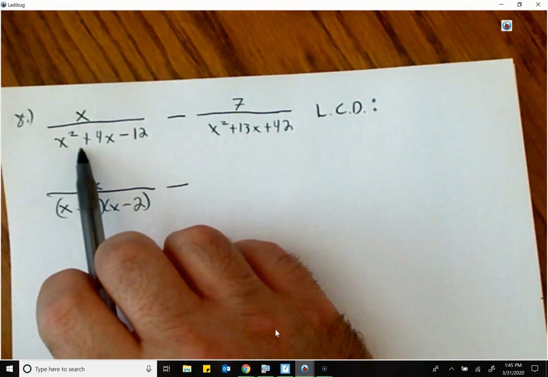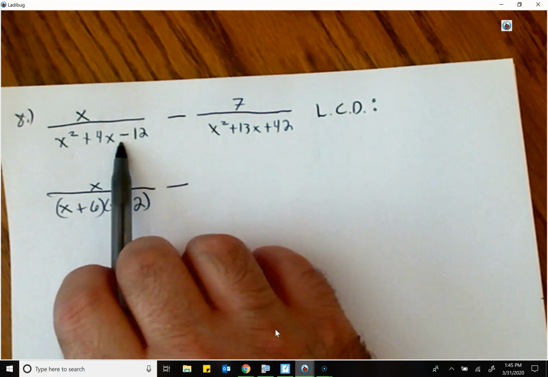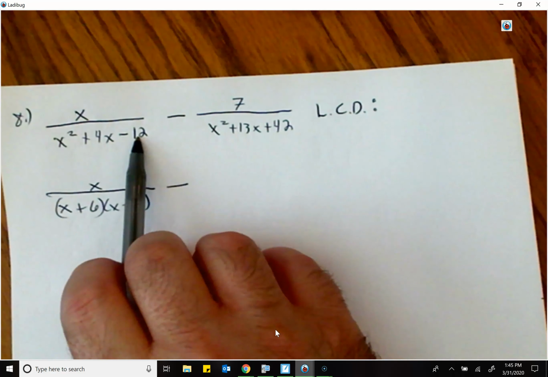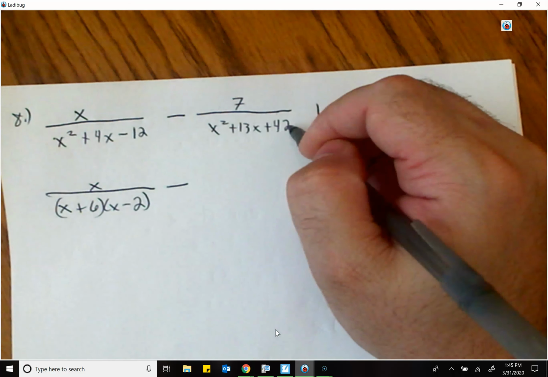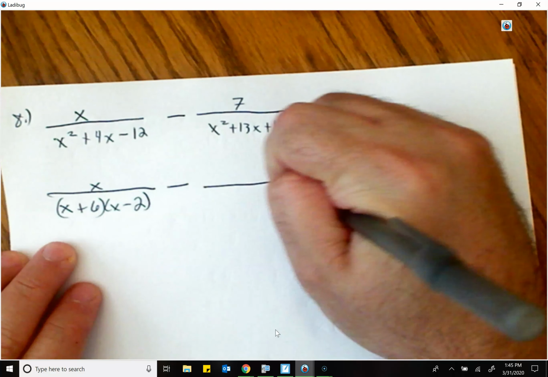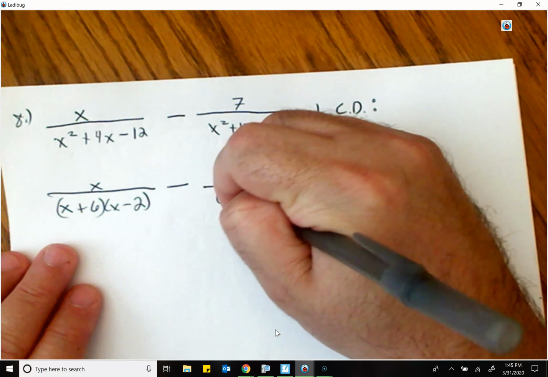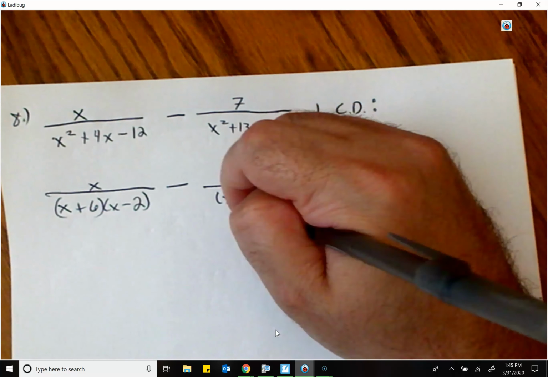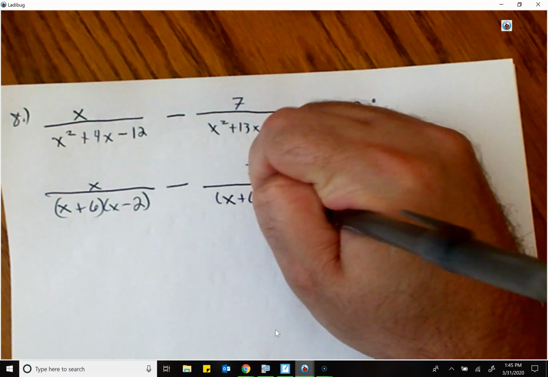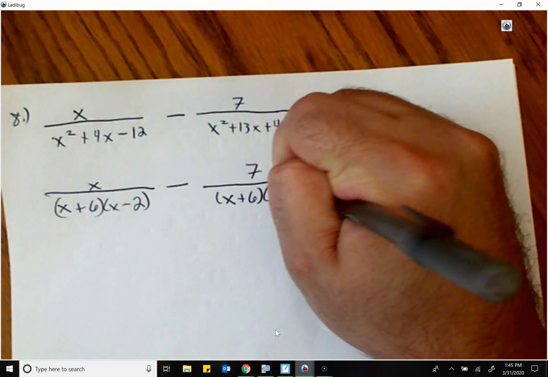Because again, you can use guess and check, AC, box, slide and divide. And the same thing over here. Use those same methods, and you get 7 over x plus 6, x plus 7.